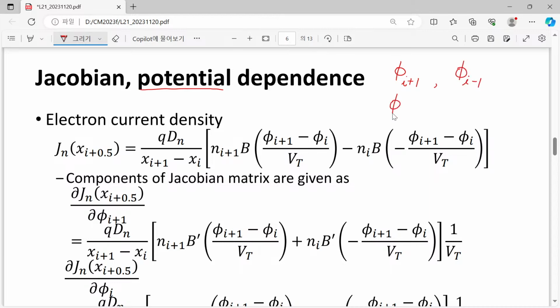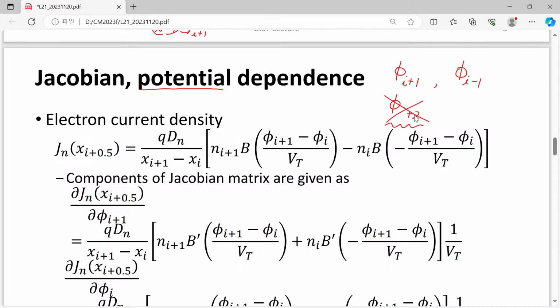If we wanted to calculate the partial derivative with respect to I plus 2, then that does not contribute at all, because this is just a potential not related with this edge. So everything is just localized between x sub I and x sub I plus 1.